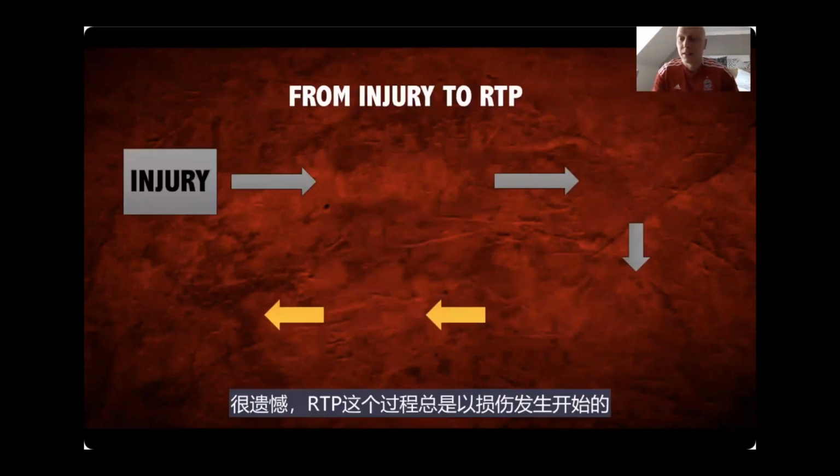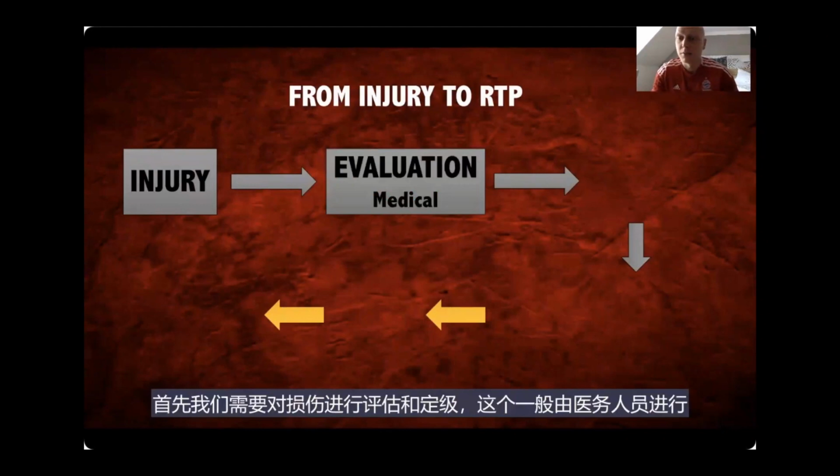As I said, a little bit to explain how the return to play process works. Of course, everything starts unfortunately with the injury, and then after that injury, we have to have some kind of evaluation of the injury. We have to know the grade and how serious the injury is.